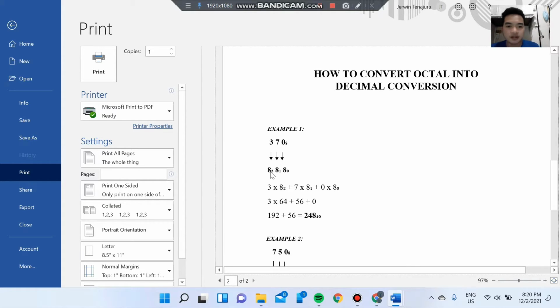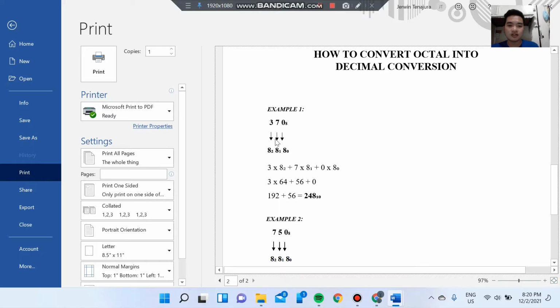And here is the formula on how to get this: 8 to the 0, 8 to the 1, and 8 to the 2. We need to put here the 3, and 3 multiplied by 8 squared.